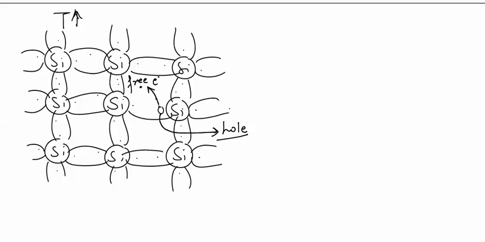This deficiency of electron will be completed when an electron comes here and forms another covalent bond here. This electron which is removed from here is called a free electron, and now this free electron is able to take part in conduction, and the deficiency of this electron is called a hole.